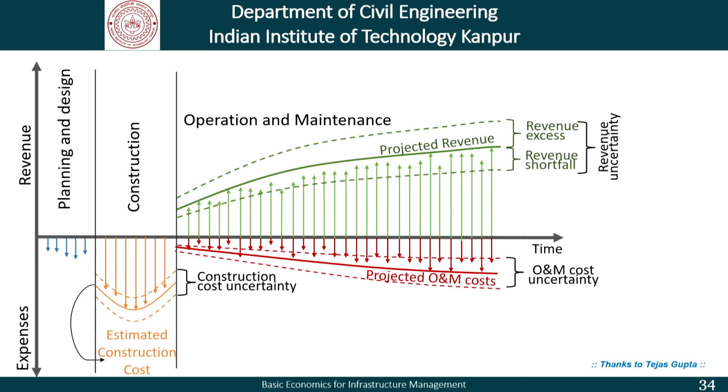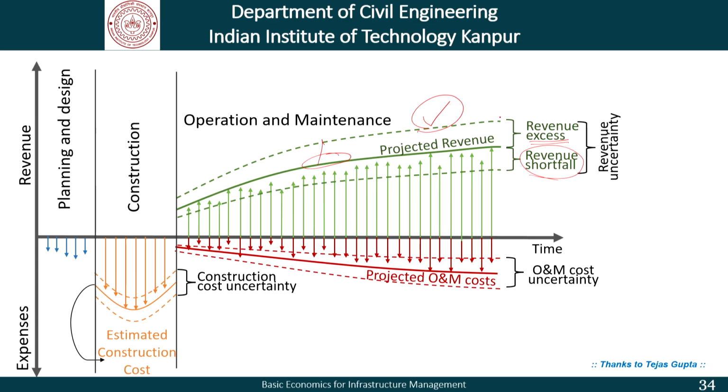That is, if the vehicles grew at a rate higher than what was projected, we will have a revenue excess. But if the vehicles did not grow, then we can have a revenue shortfall.